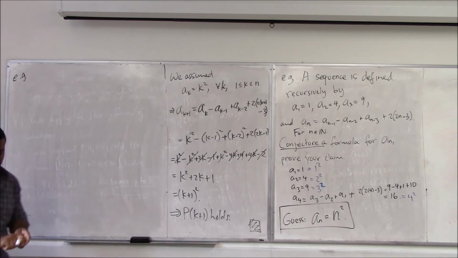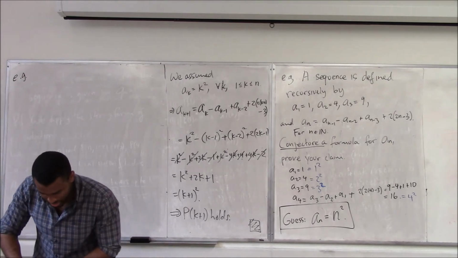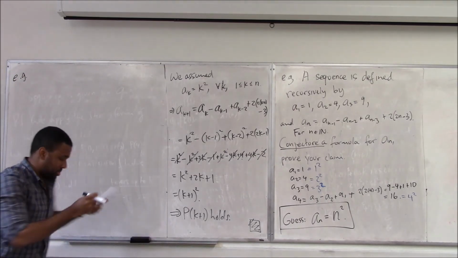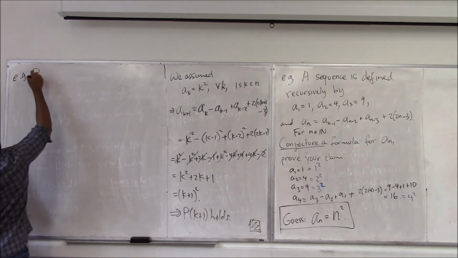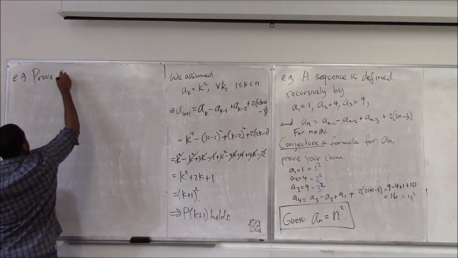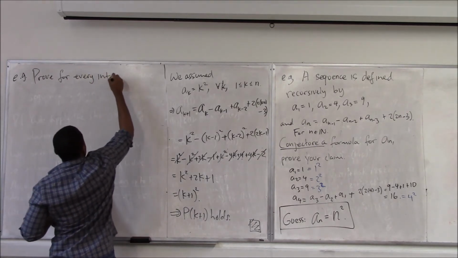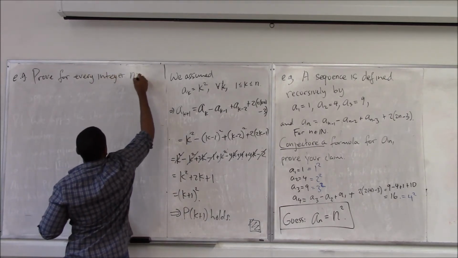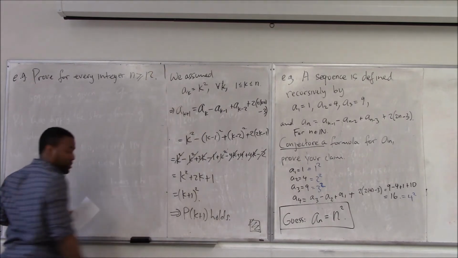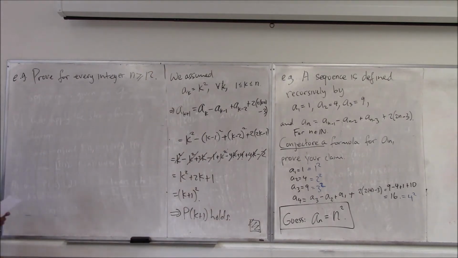Here's another example. Prove that for every integer greater than 12, n can be written as 3a plus 7b. Right? So it doesn't always apply.